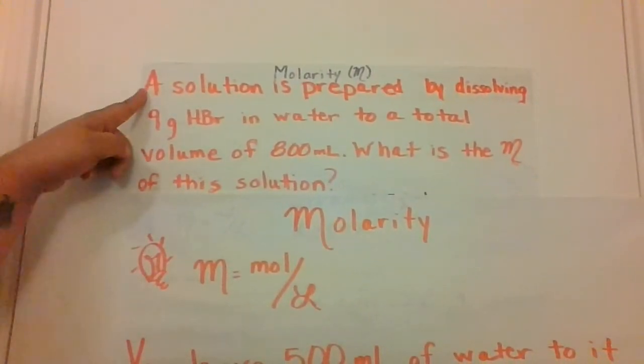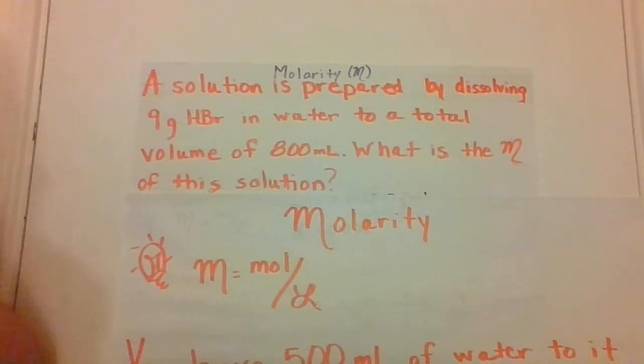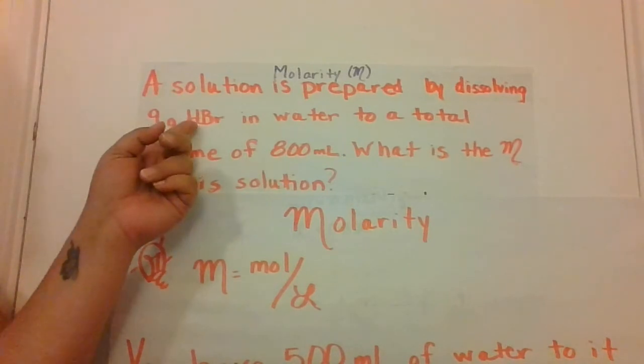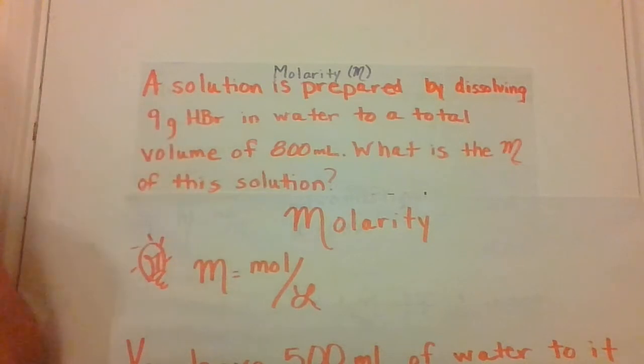A solution is prepared by dissolving 9 grams of hydrogen bromide in water to a total volume of 800 milliliters. What is the molarity of this solution?